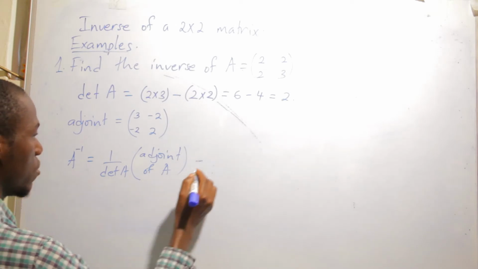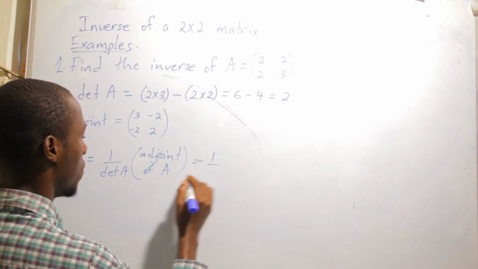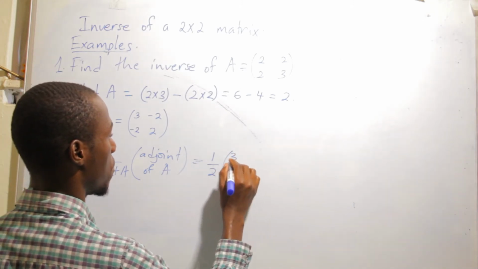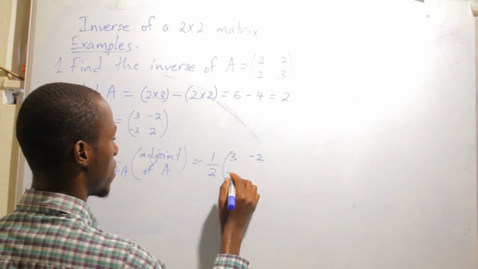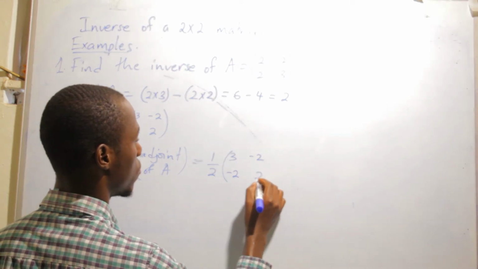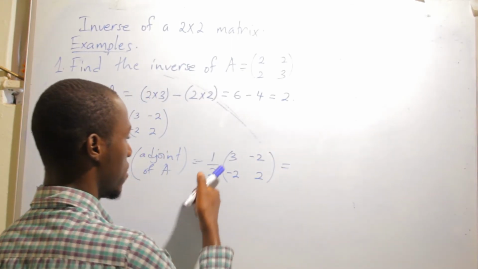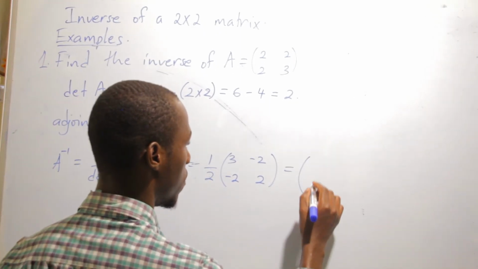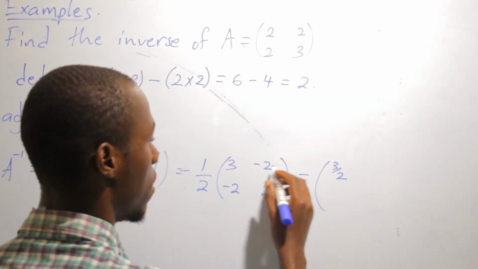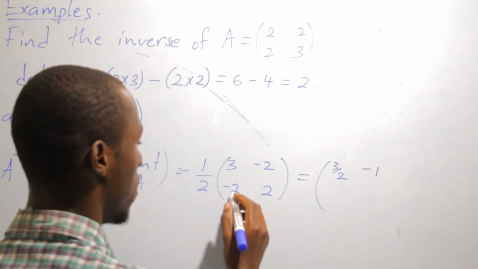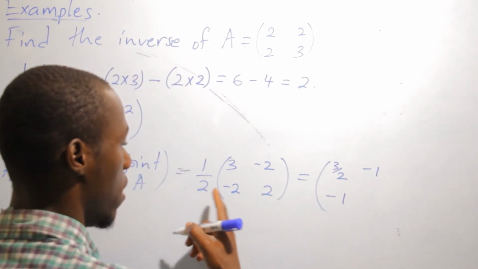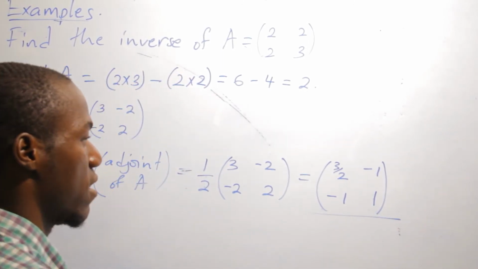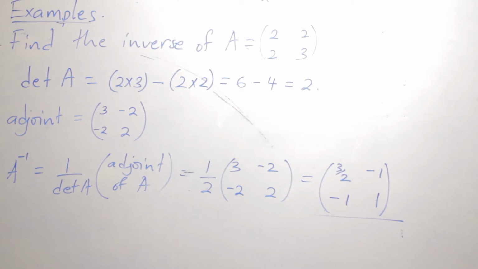So we substitute 1 out of 2 times the matrix 3, negative 2, negative 2, 2, and this scalar multiplies whichever element is inside there. That is 3 all over 2, negative 1, negative 1, and a half times 2 gives positive 1. So that is the inverse of matrix A.